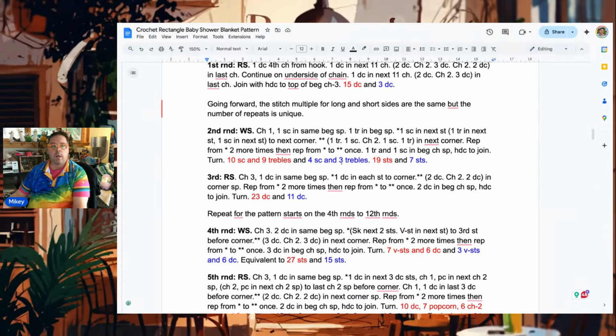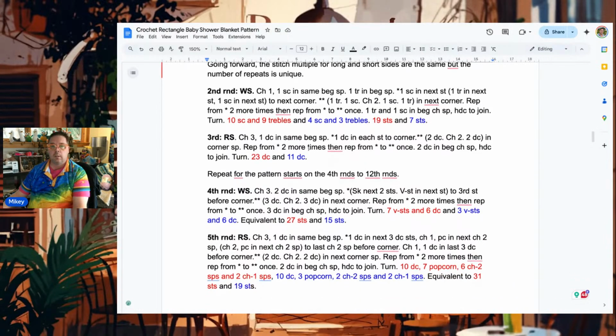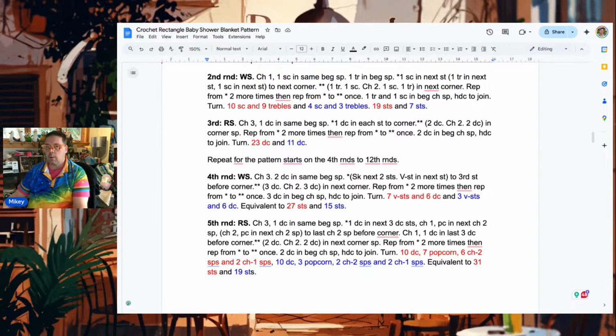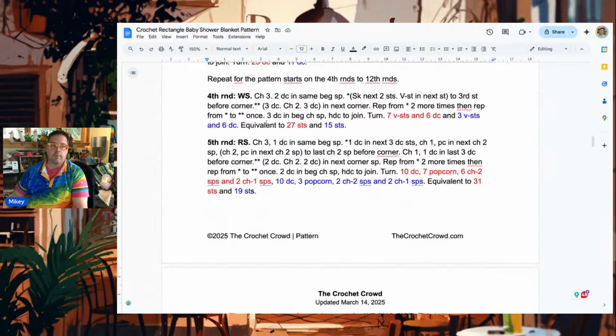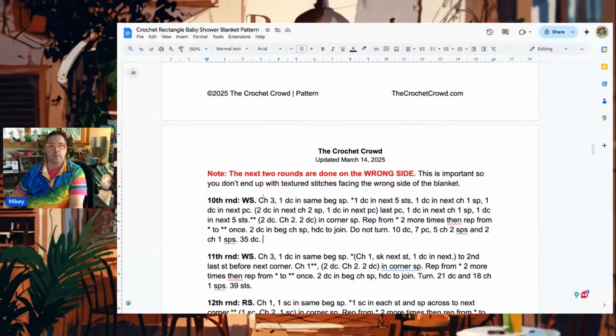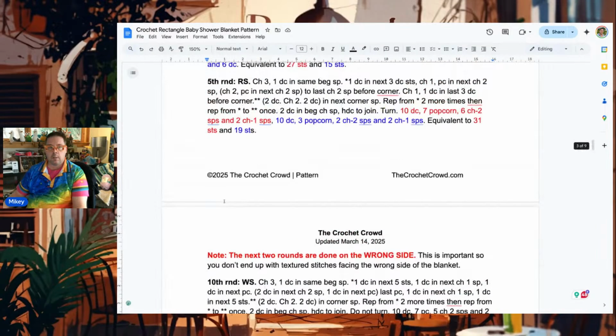Okay, so using the bottom of the charts, because there's a long side and short side, I put the long side in red. So I got as far as the 5th round, and 6th round, just taking a look at the diagram.